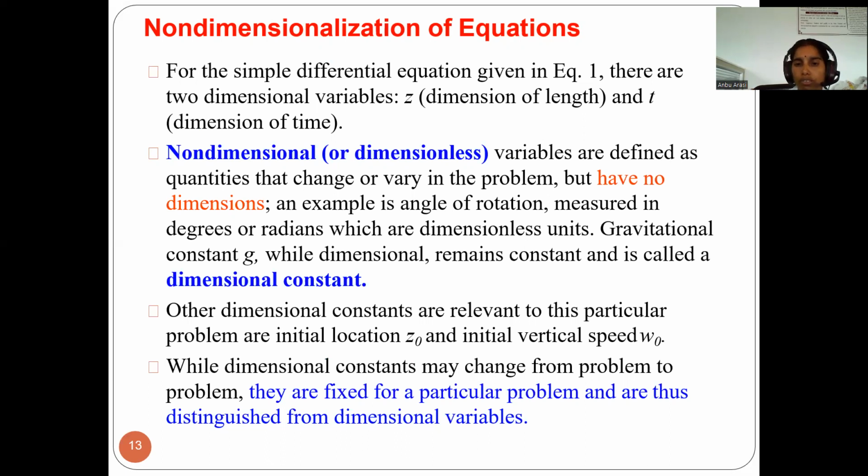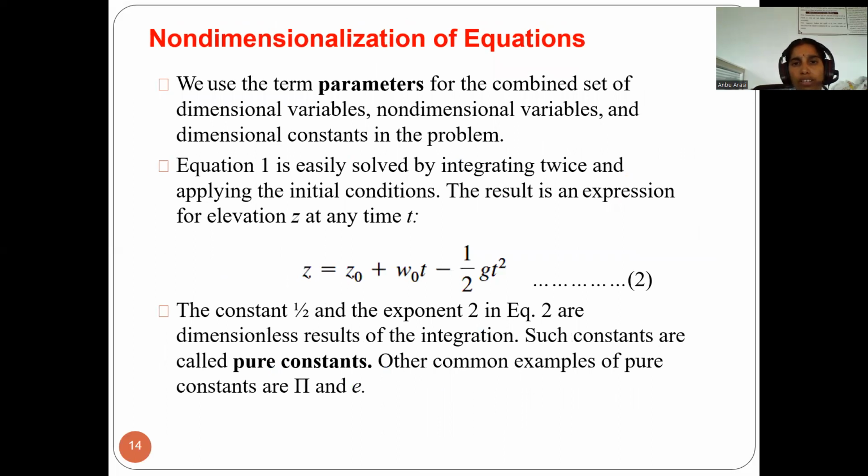Other dimensional constants relevant to this problem are the initial location z0 and initial vertical speed w0. While dimensional constants may change from problem to problem, they are fixed for a particular problem and are thus distinguished from dimensional variables. Non-dimensionalization of the equation: we use the term parameters for the combined set of dimensional variables, non-dimensional variables, and dimensional constants in the problem.